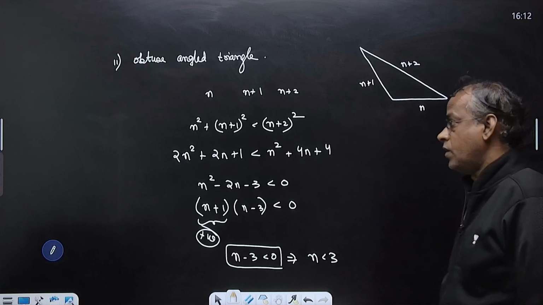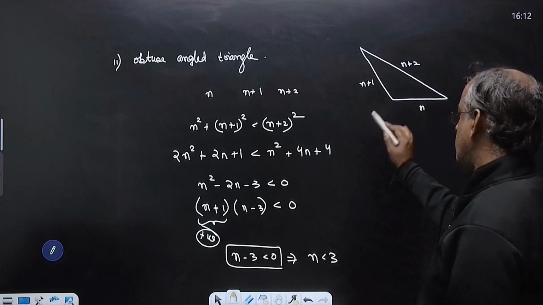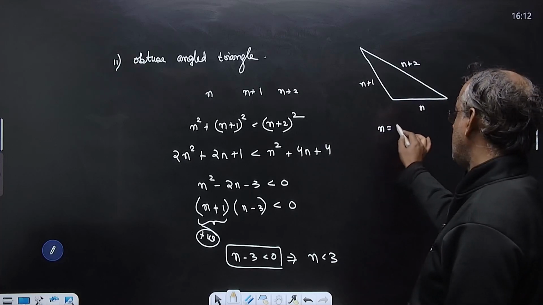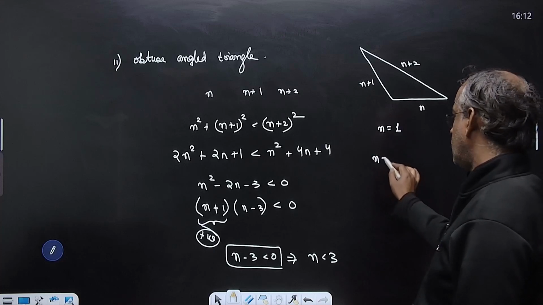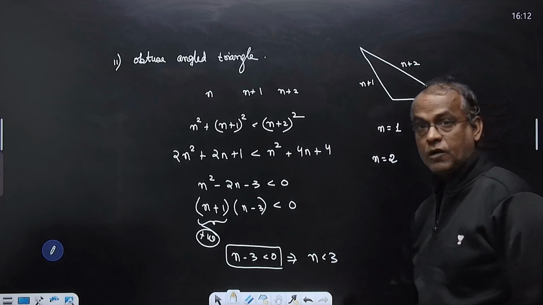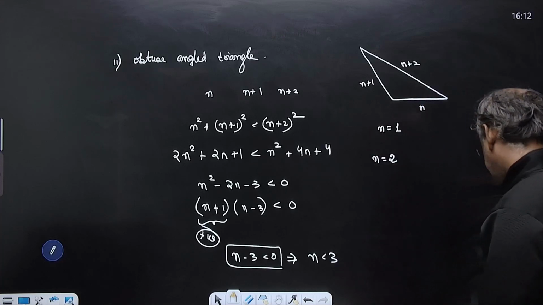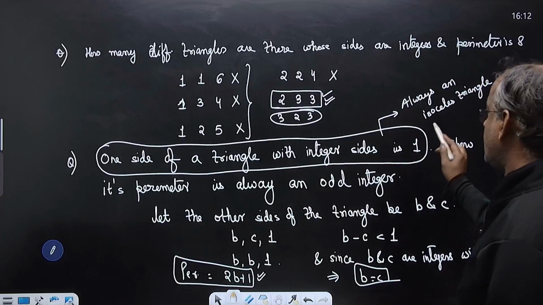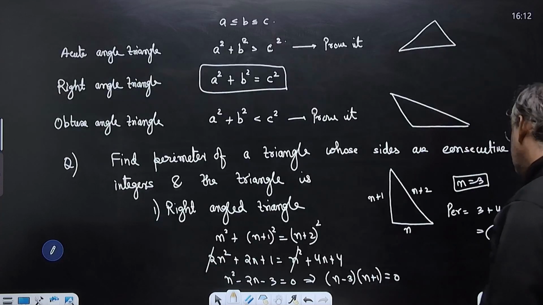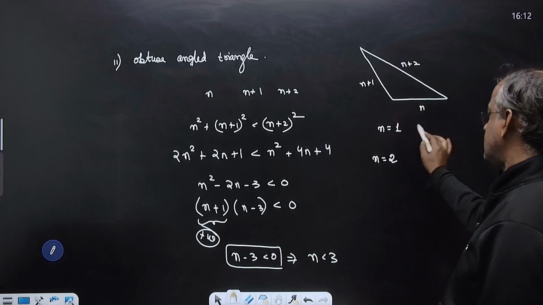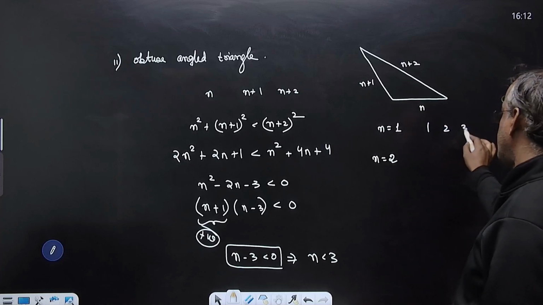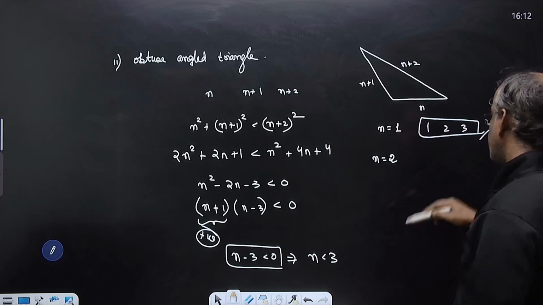Now, if n is less than 3, what can it be? 1 or 2. But with 1 we have already seen it has to be an isosceles triangle. So for 1, you can also see that the sides are 1, 2, 3, which is not forming a triangle.